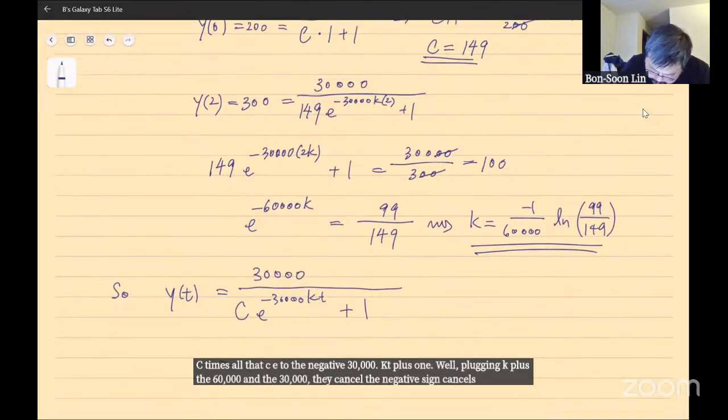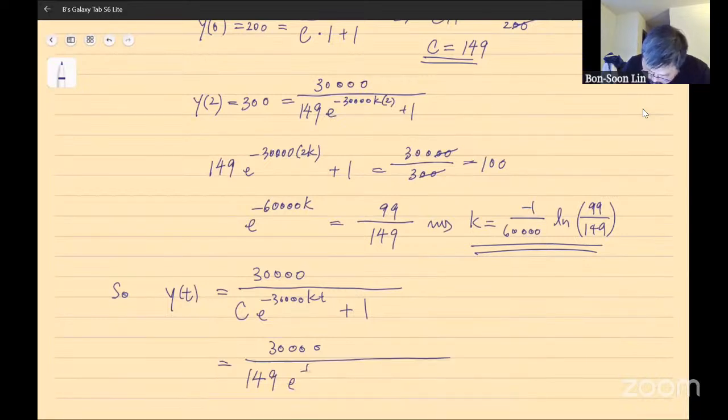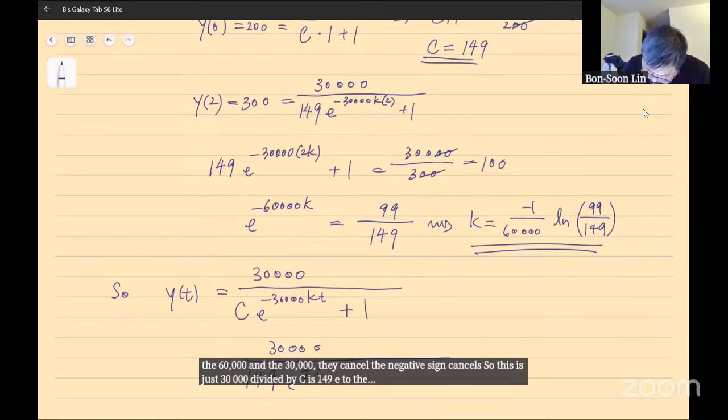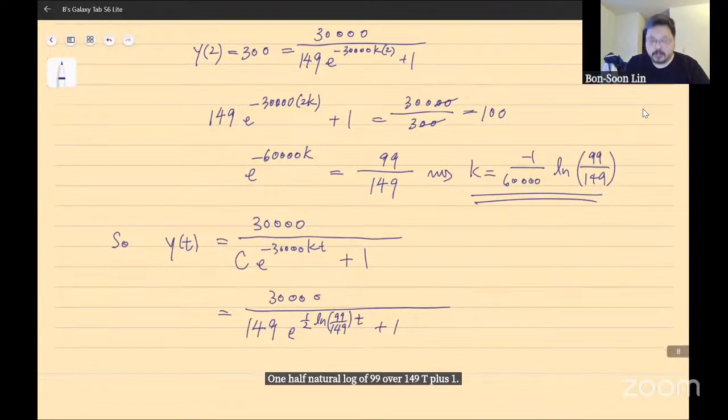So this is just 30,000 divided by, C is 149, e to the 1/2 natural log of 99 over 149 t plus 1. Again, I'm just plugging things in, nothing special.